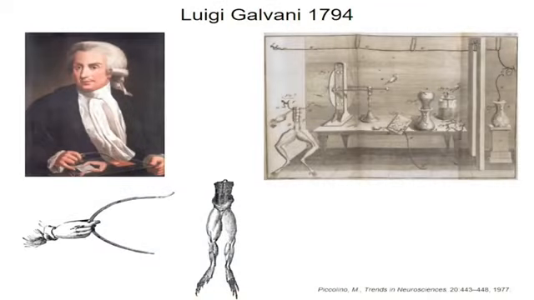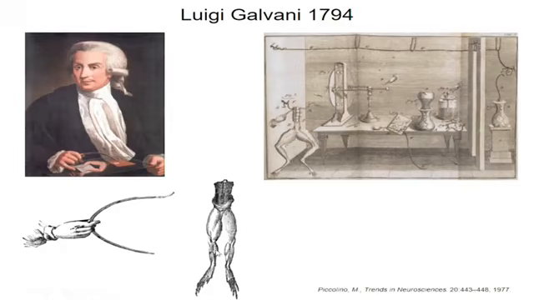Now, the existence of so-called animal electricity was known since about 1794 with the work of Luigi Galvani. What Galvani did was to build a contraption where he could generate electricity. He charged up this electrode and then positioned it so that one end would touch the exposed spinal cord and the other end would touch a muscle.